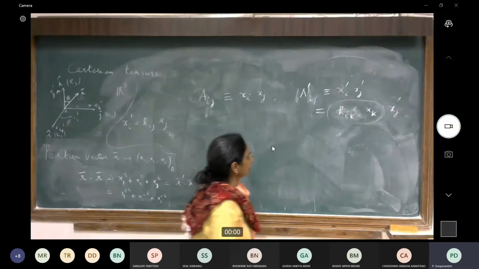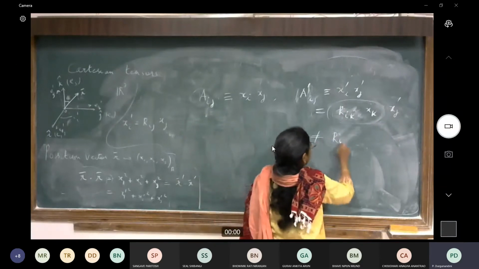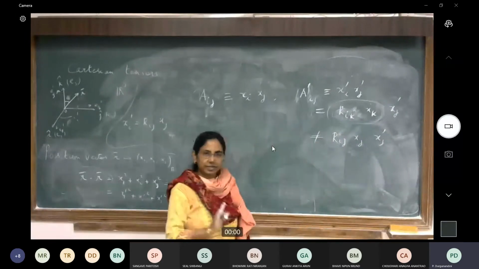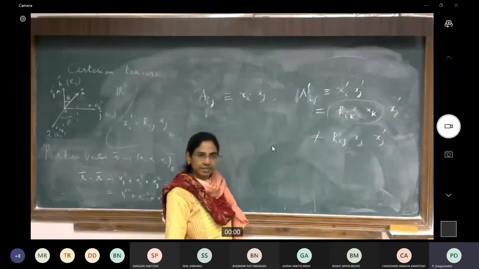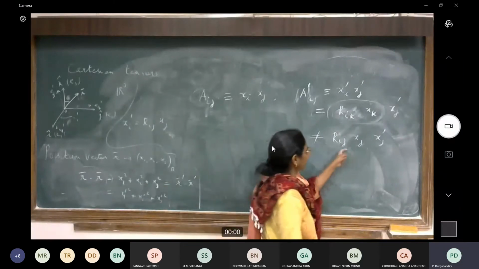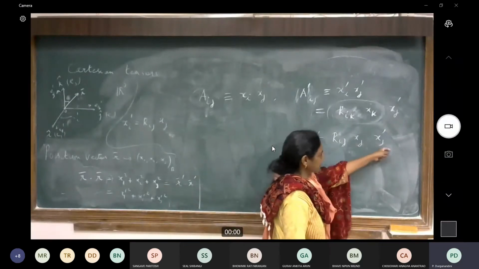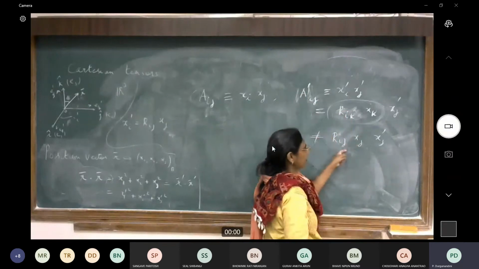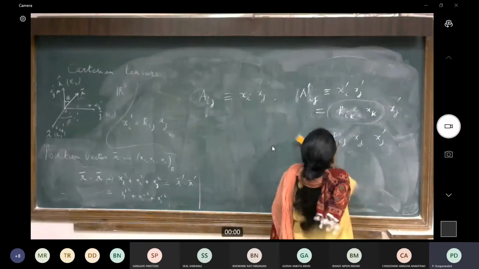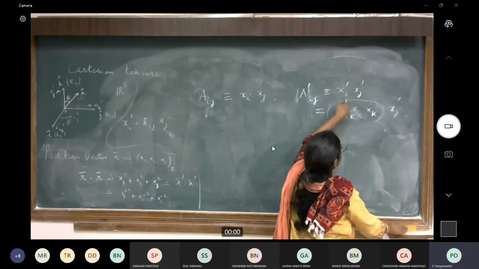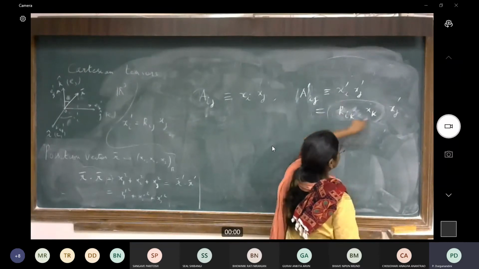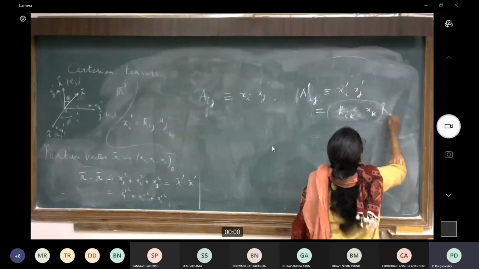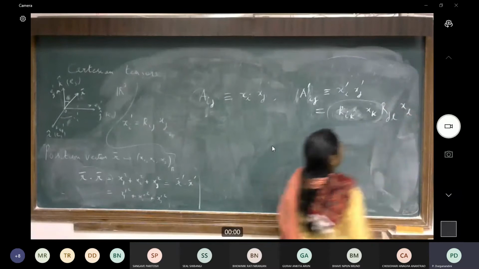That's why I'm emphasizing this. This is not equal to rij xj xj prime, because such an expression will not make any sense: j is a repeated index, and this kind of three indices doesn't make any sense. And finally, I will not get the free index j if I have such a repeated index. So whenever you have such expressions, use another dummy index. For xi prime, I used rik xk. Again for xj prime, I will use another, and write this as rjl xl.